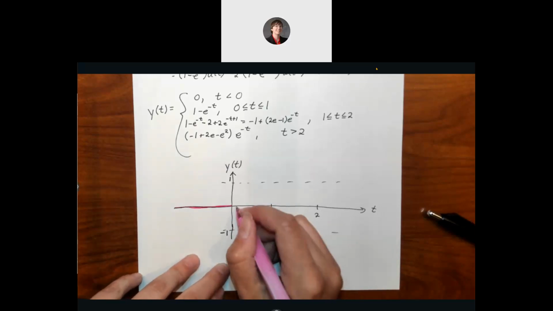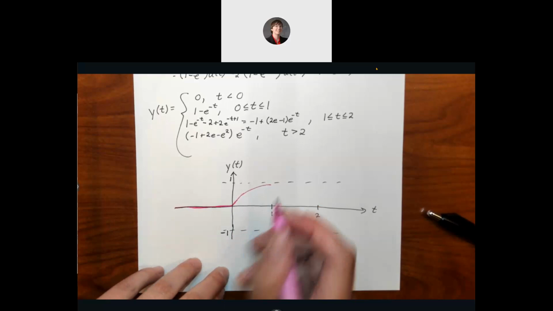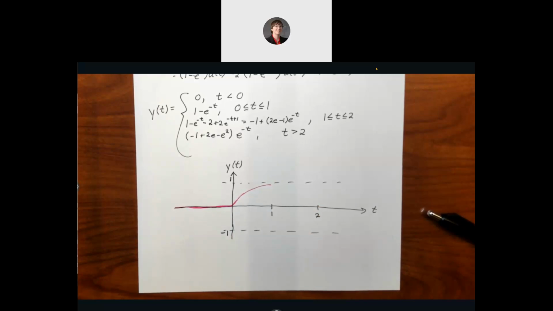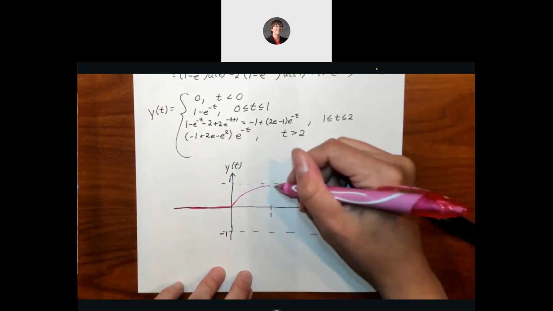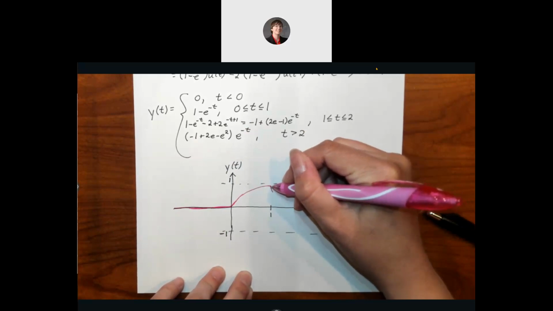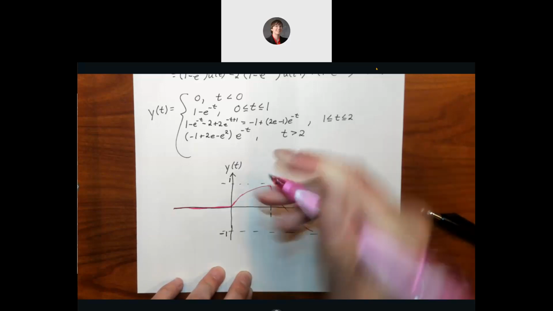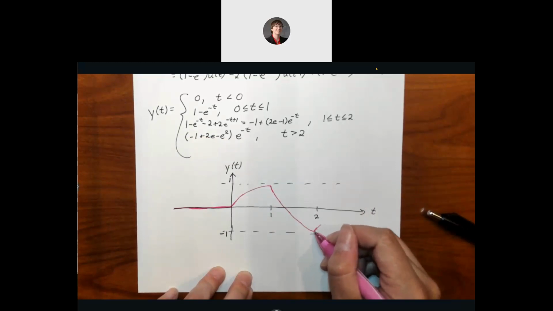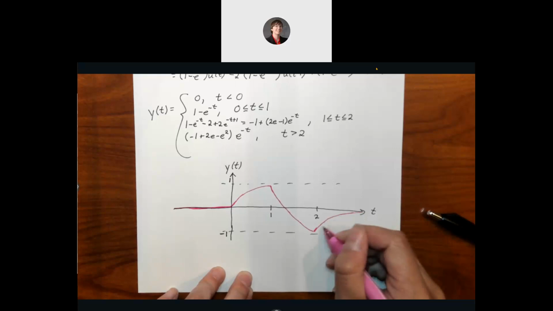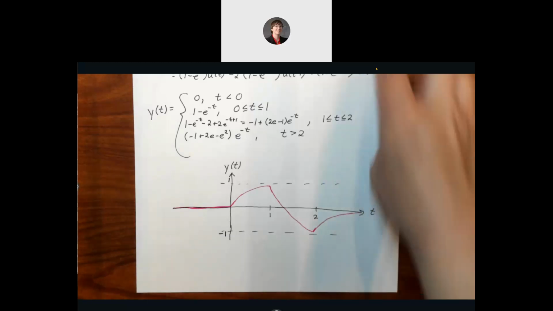And then we move towards 1, though we don't actually hit it up to t equals 1. And then we start having this decay between 1 and 2, where we're going to approach minus 1. And then we're going to have this term here, where we're going towards a 0.